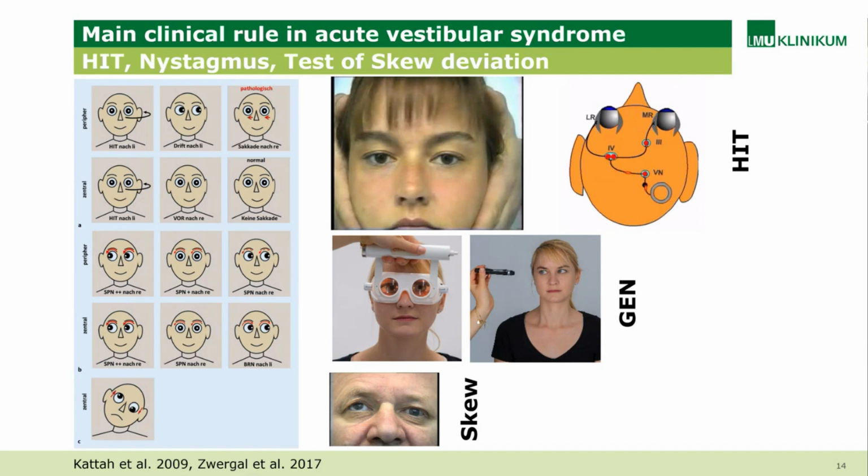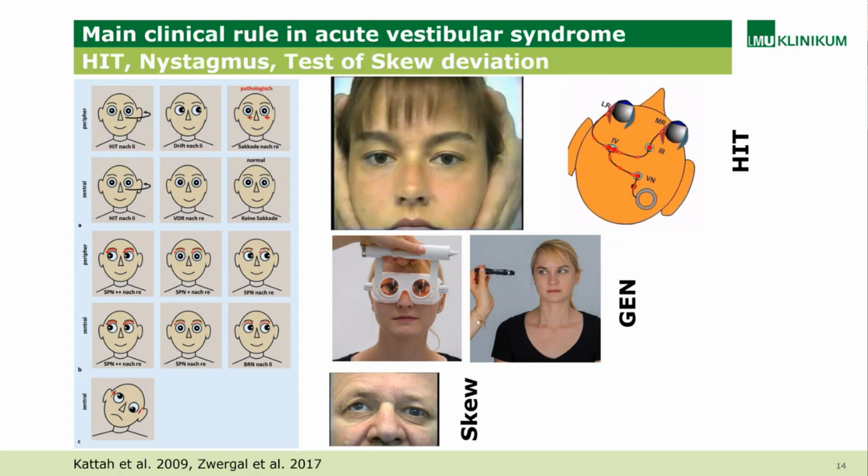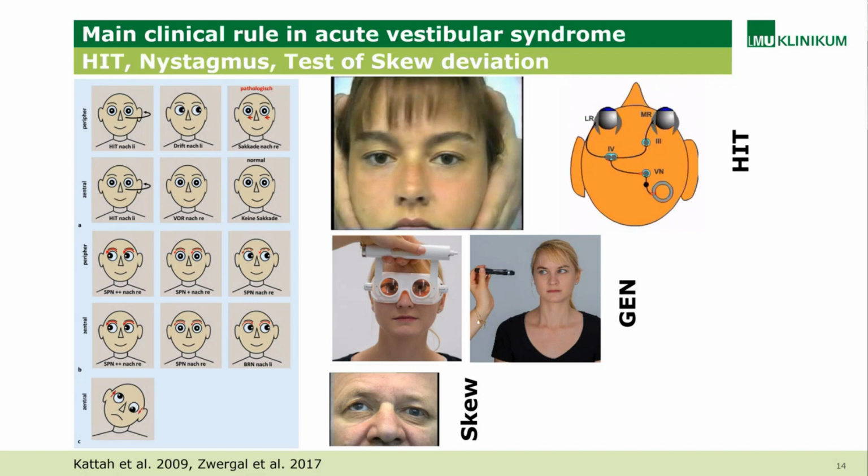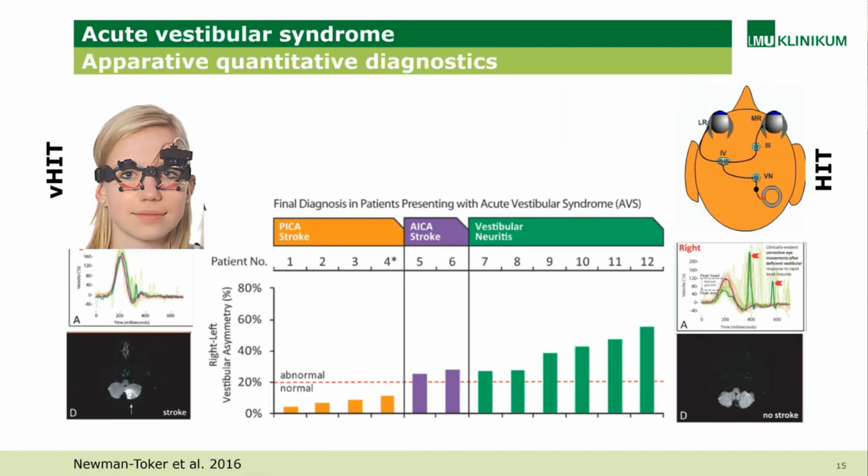But the vestibular ocular reflex may be normal, even if you have an asymmetric lesion. So that's what we take advantage of. And this head impulse test, which has been described by Halmagyi and Curthoys in 1988, is quite a simple reflection of this physiology into clinics.